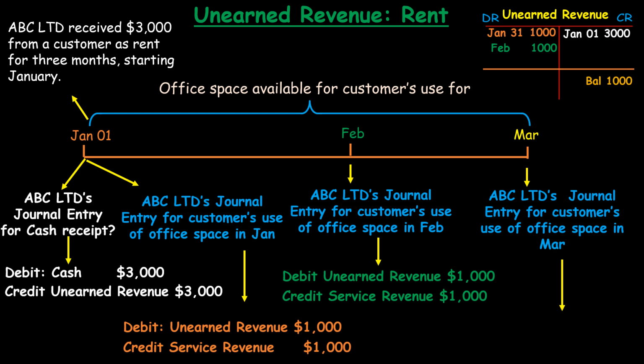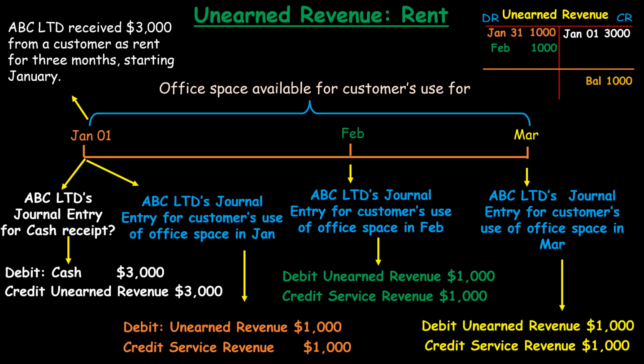Finally, in the month of March, same process, ABC Limited will credit service revenue because it has made available the office space to the customer, delivered the service to the customer, so credit revenue. And again, ABC Limited has 1 month less obligation to the customer, so it will debit unearned revenue.